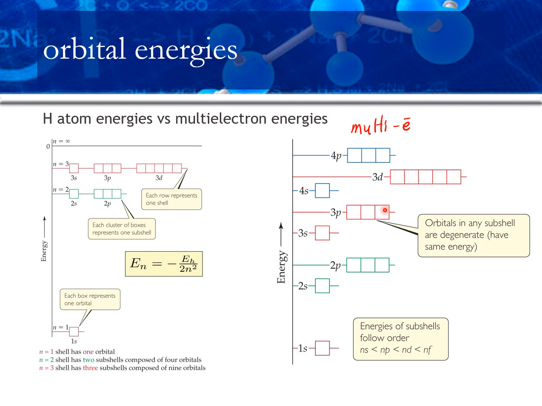In general, for multi-electron atoms, for a given principal quantum number n, the energy of its orbitals increases as we go from s, p, d to f. So we see s is lower energy than p, which is lower energy than d. Here for the 4s, the s is lower than the p, the d would be up here, the f would be up here, in that sense.